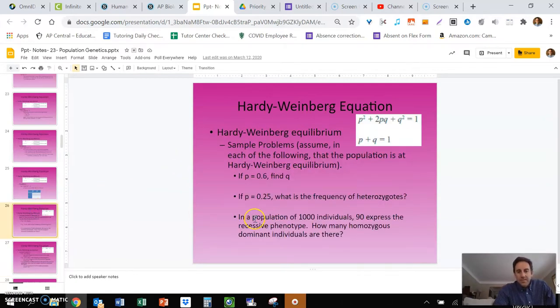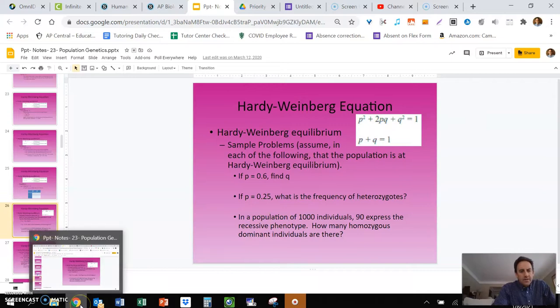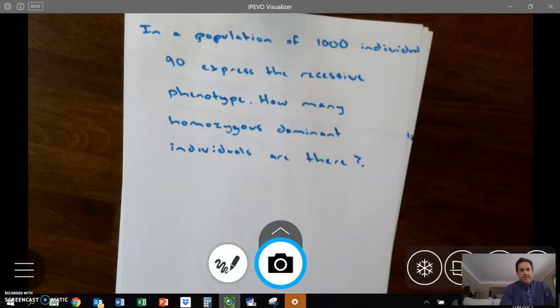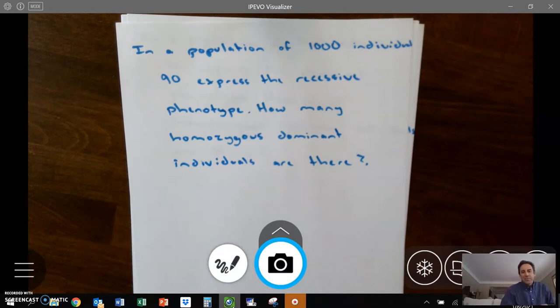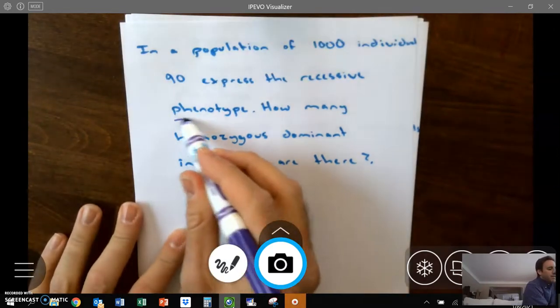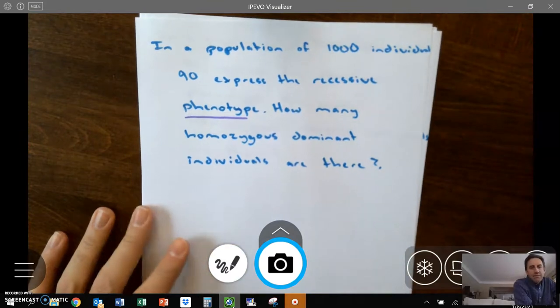The next question: in a population of 1,000 individuals, 90 express the recessive phenotype. How many homozygous dominant individuals are there? Okay, well this is getting a little more complicated. Let's take this one out. Note that it's saying phenotype.